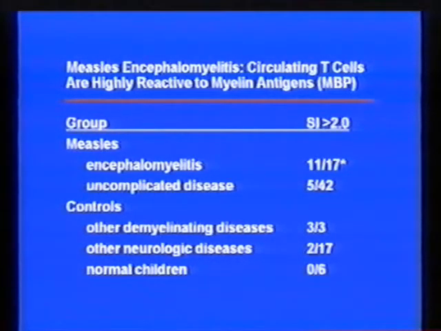So if you take the trouble to obtain blood specimens from patients who have this measles encephalomyelitis and do the same experiment that the investigators from Thailand did, looking at the reactivity of the lymphocytes from these patients to myelin basic protein, you can see that in patients who had the measles encephalomyelitis, there was a much higher frequency of reactivity to myelin basic protein compared to patients who had measles but didn't have the neurologic disease, or normal children, or patients with other neurological diseases.